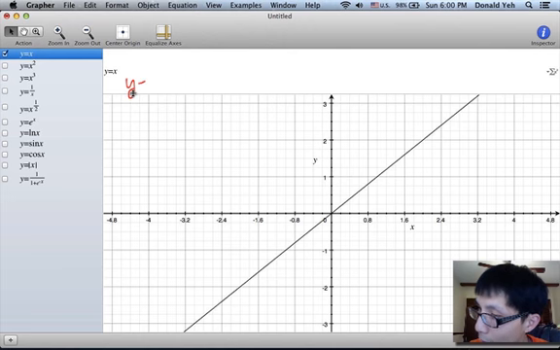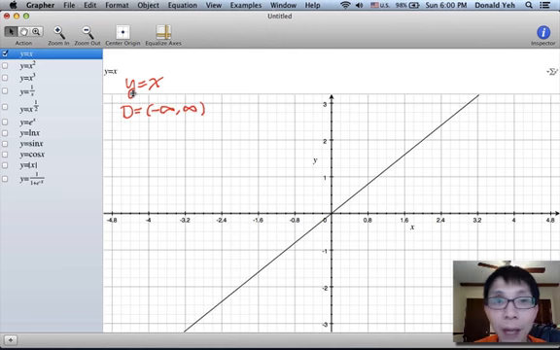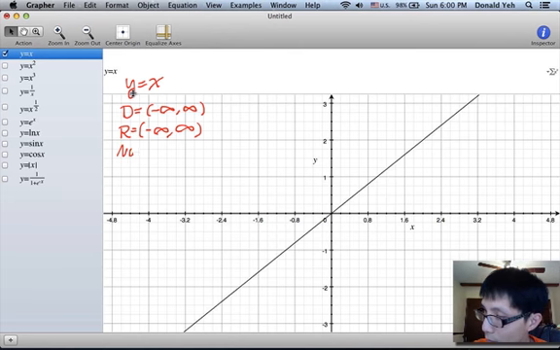This graph has a domain of negative infinity to positive infinity, because if you look at the graph, the x value can be any value. The range is also the same, negative infinity to positive infinity. There is no bound, because the range could be anywhere and the domain could be anywhere, so there's no bound.